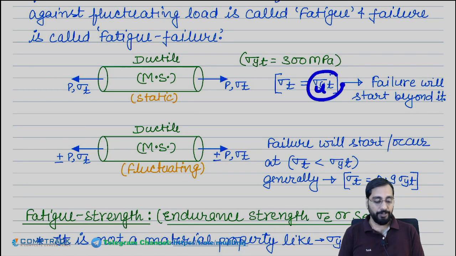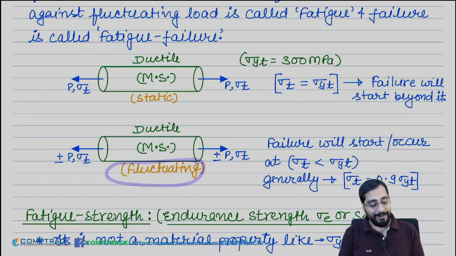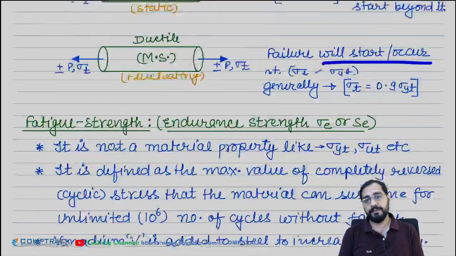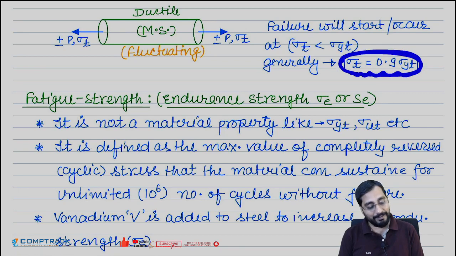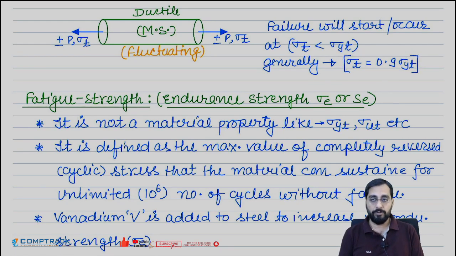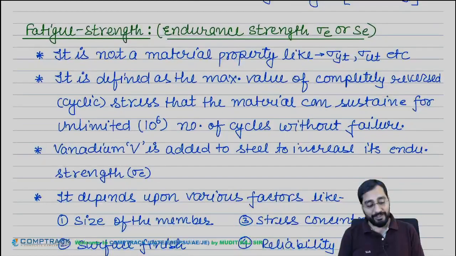Then here we will use sigma ut. But when load is fluctuating, at a stress much lower than the strength of the material, failure will start. So failure can start lower than the strength value.